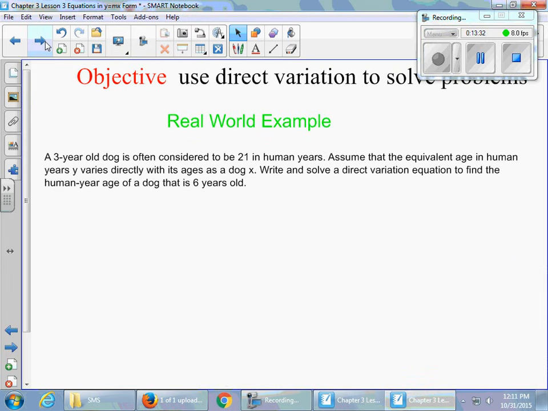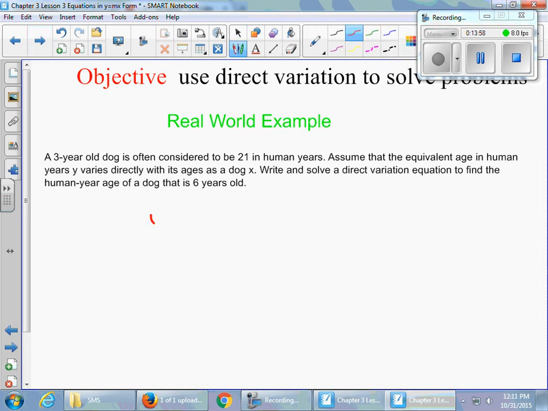A 3-year-old dog is often considered to be 21 in human years. Assume that the equivalent age in human years Y varies directly with its age as a dog X. Write and solve a direct variation equation to find the human year age of a dog that is 6 years old. Alright, we're going to let X represent the dog's actual age and let Y represent the human equivalent age.